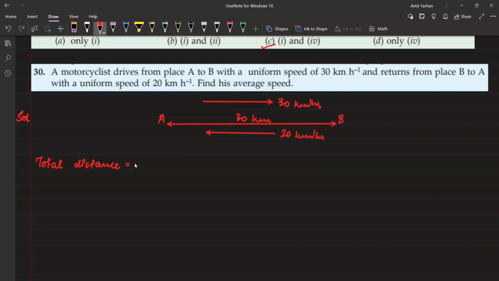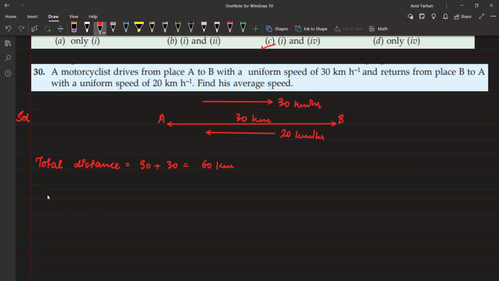Yes, 60, that's what I'm asking. 60, because you can see 30 kilometers in one direction and 30 again in the other direction, right? Distance is always added. So this is 60 kilometers.